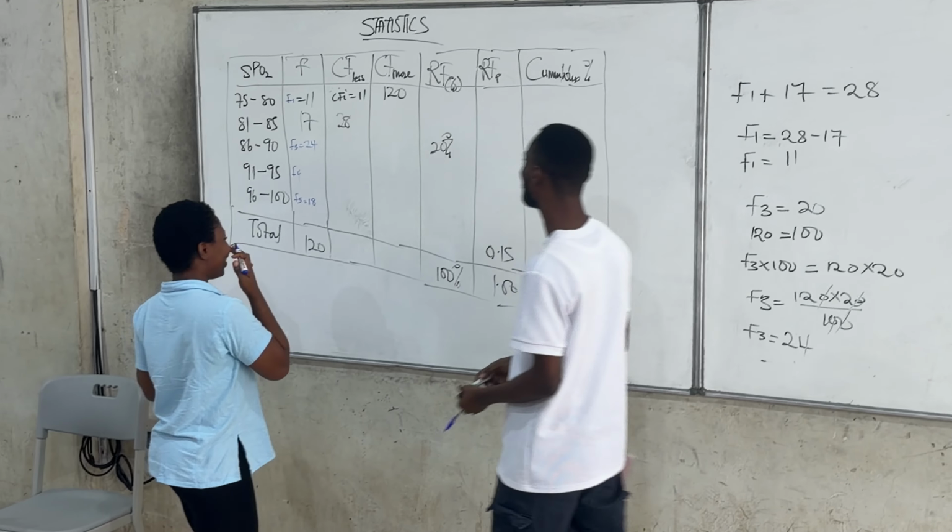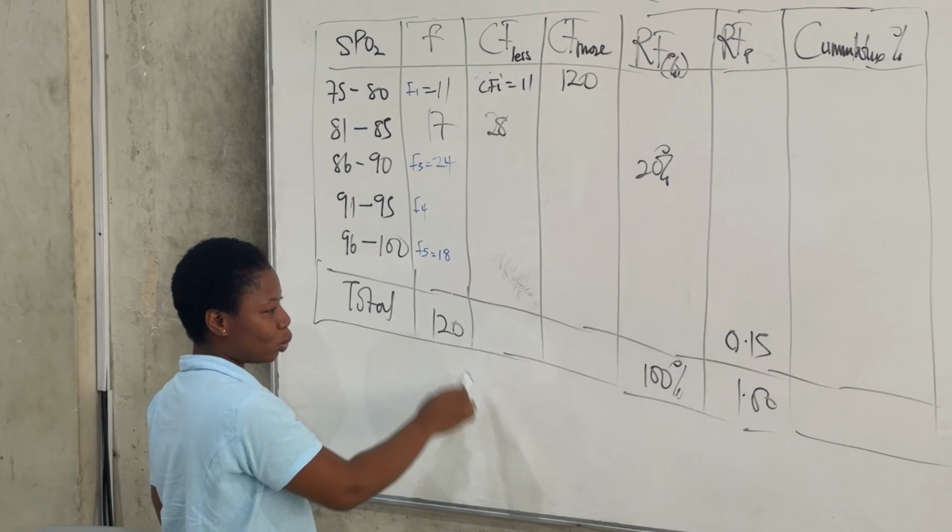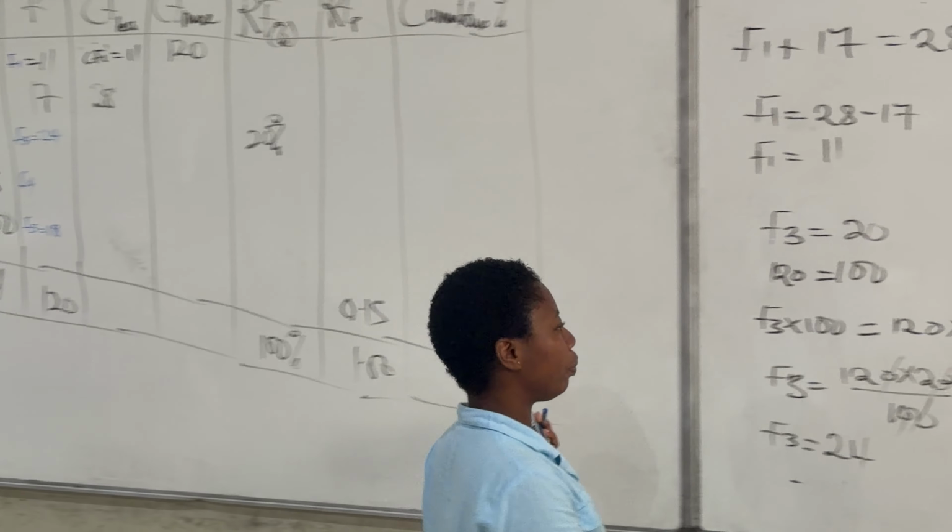So with this, F4, okay. The easiest one. So we know that these frequencies added up will give us 120.